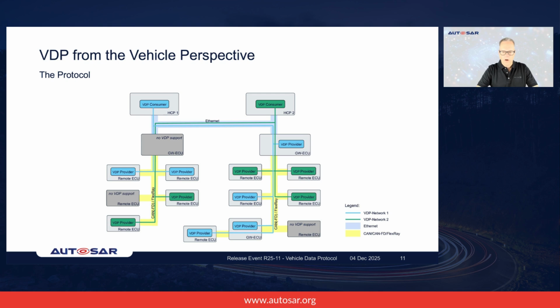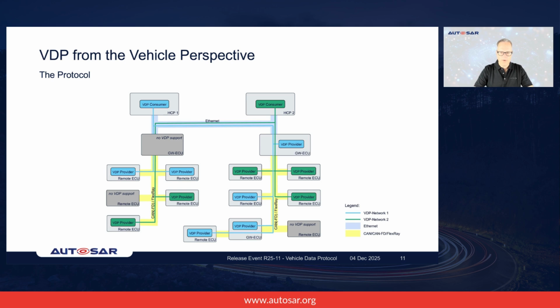So let's have a look now, from the vehicle architecture perspective, at how a data collection solution may look. Here we've got a vehicle architecture with two HPCs that are connected through Ethernet with two gateway ECUs. The gateway ECUs are connected through CAN buses, CAN-FD buses, or FlexRay to the remote ECUs.